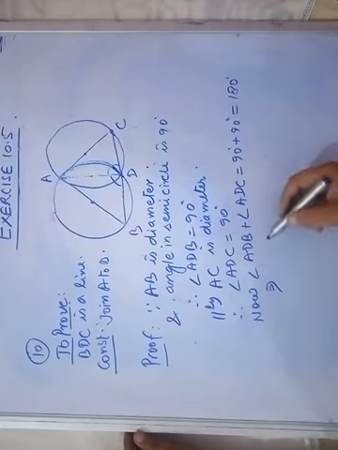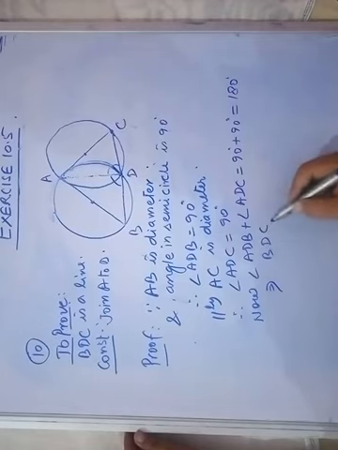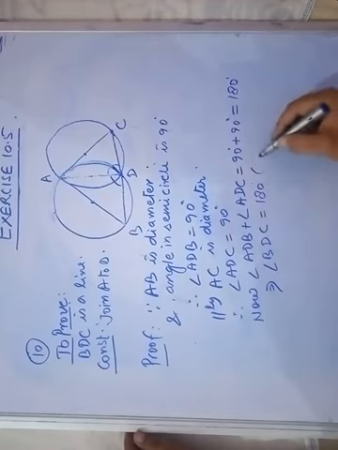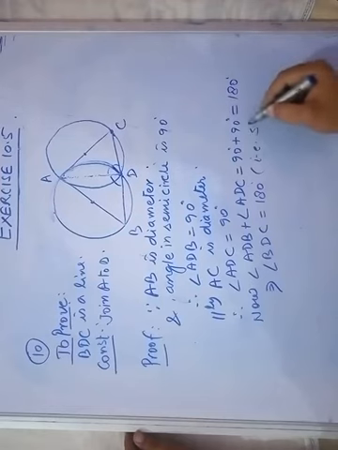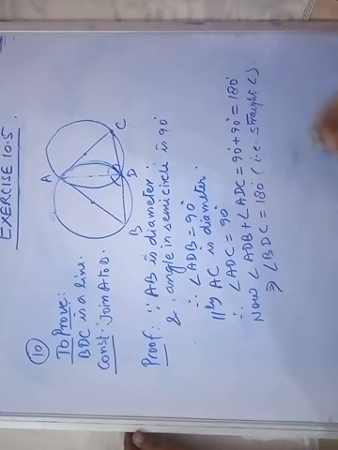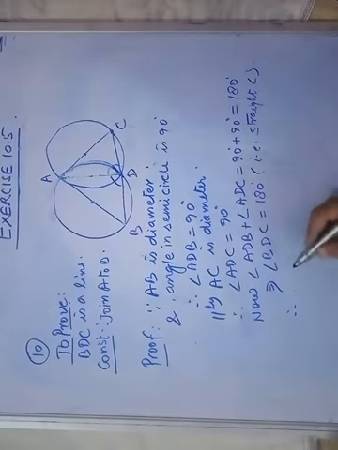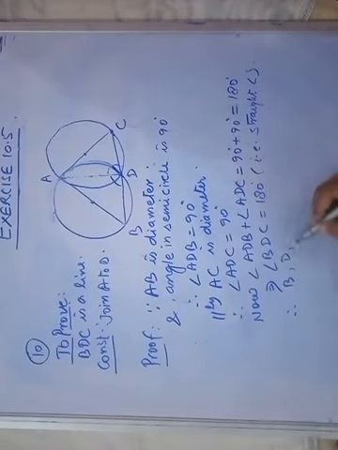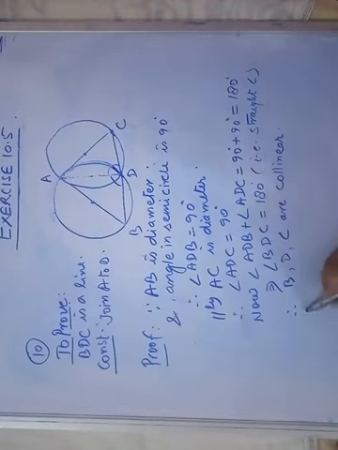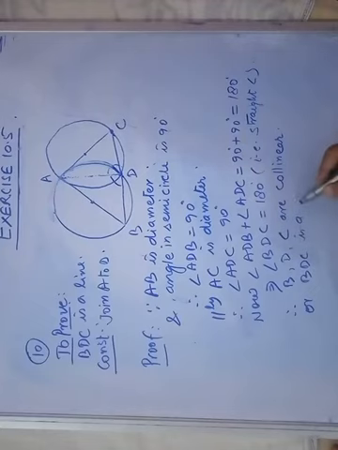This implies angle BDC equal to 180, that is a straight angle, so BDC are collinear, or BDC is a line.